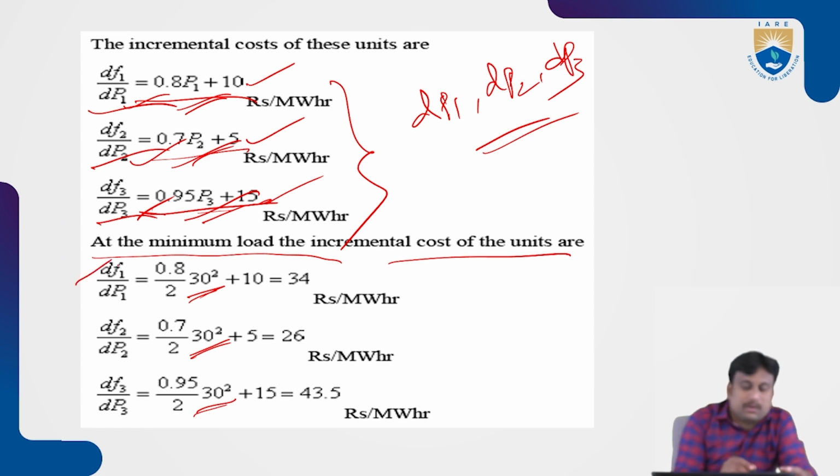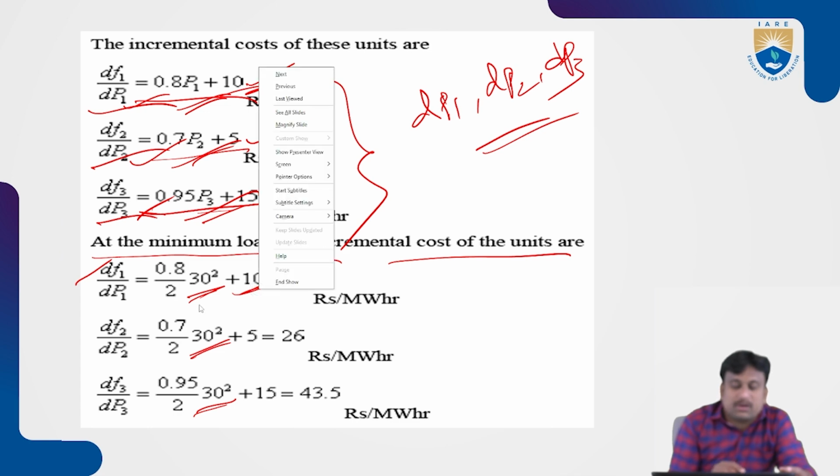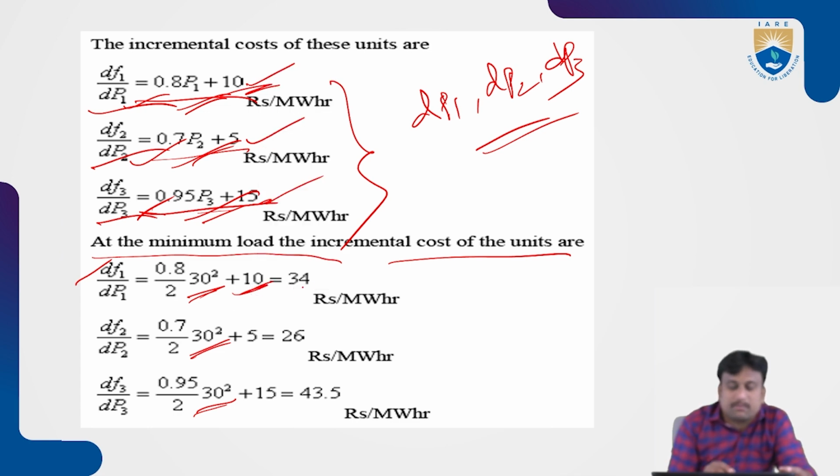Now substitute here. df1 by dp1 equals 0.8 by 2 times 30 square, plus 10. When you simplify this, it will be 24 plus 10. That means 34 rupees per megawatt hour.